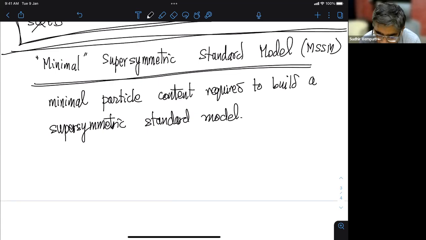So this is the minimal meaning. It's like using Occam's razor. That is the minimal particle content you would need to construct a supersymmetric standard model.